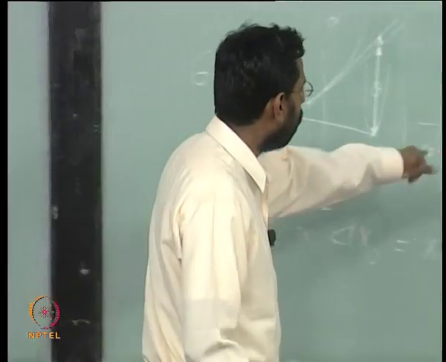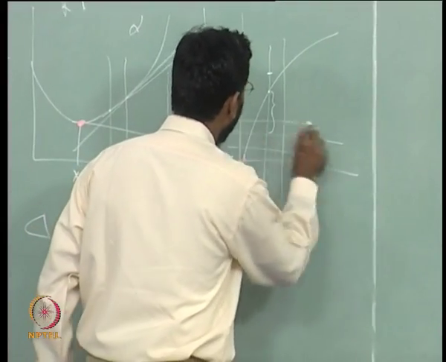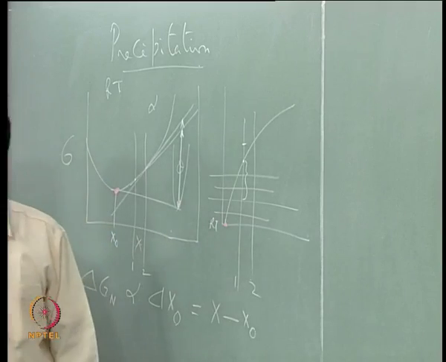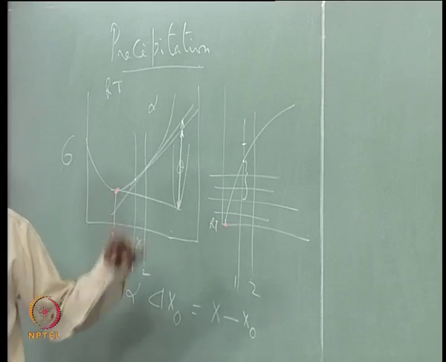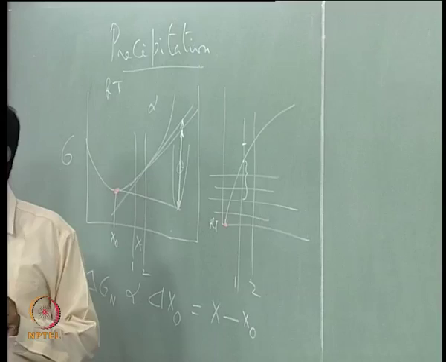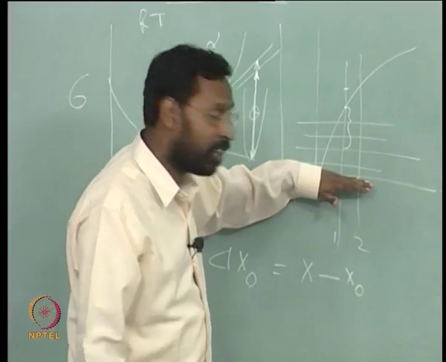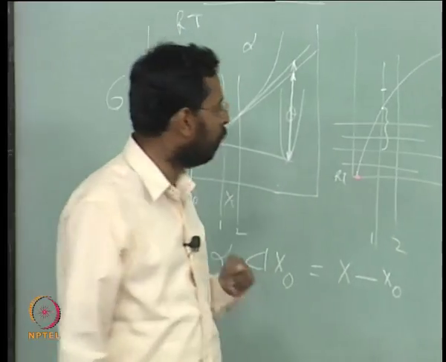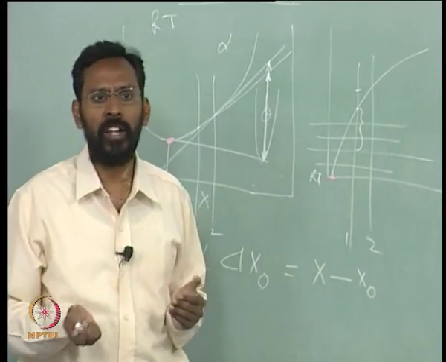So for any alloy composition, the lower the temperature is, the higher the driving force for that alloy. Now if I am choosing two different compositions and choosing the same temperature, fixing the temperature but changing the alloy composition, what is changing here?